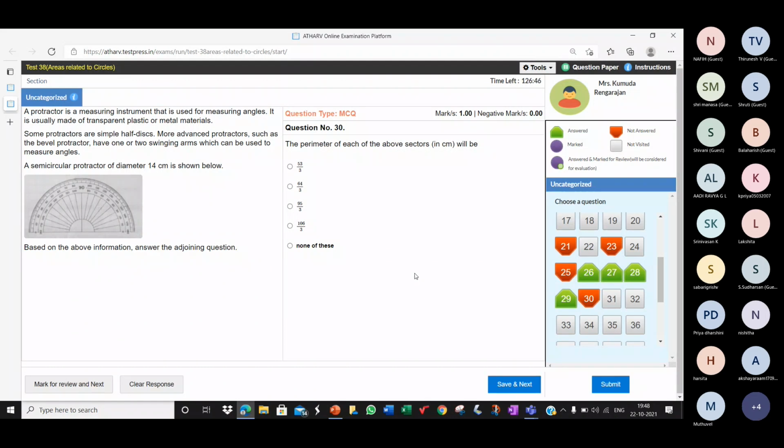The perimeter of each of the above sectors is... got only one answer, 95 by 3.